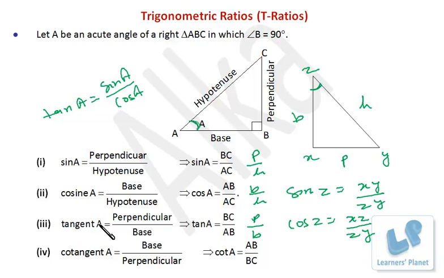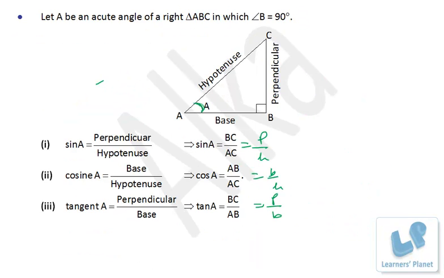Now we discuss the remaining 3 trigonometric ratios. Now we have other 3 trigonometric ratios which are reciprocals of these given trigonometric ratios. Reciprocal of sine A is cosec A, right? So reciprocal means if sine A is P by H, cosec A will be H by P, right?